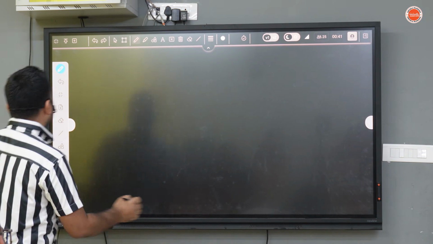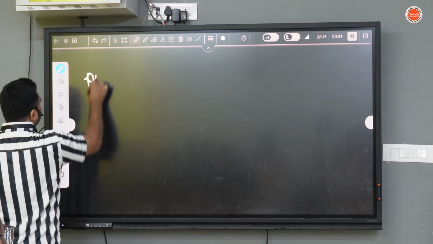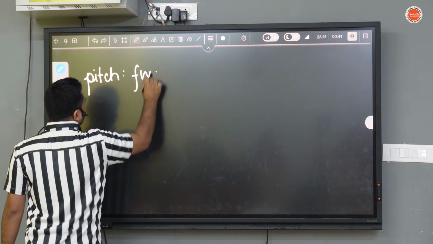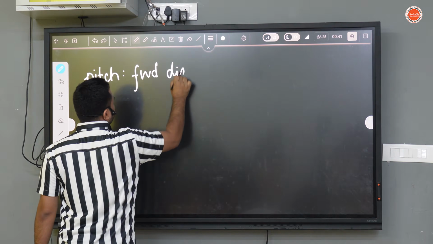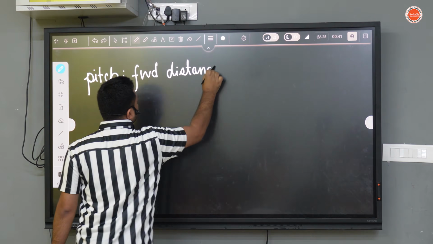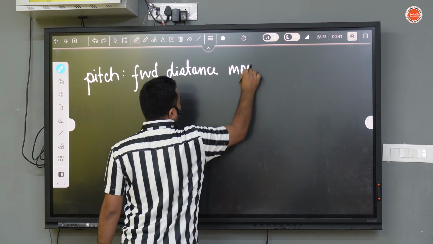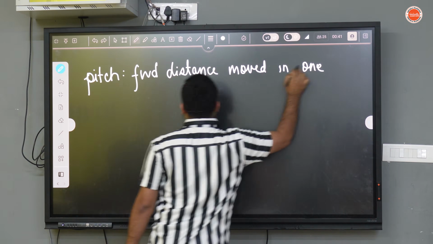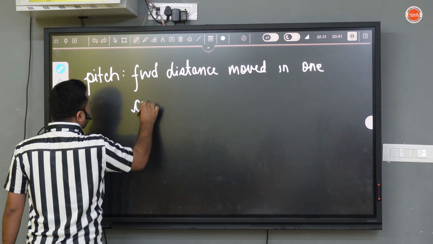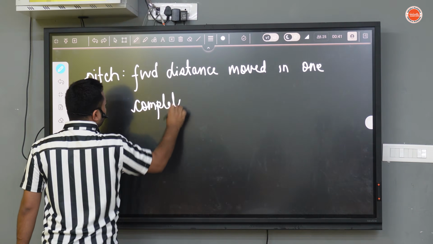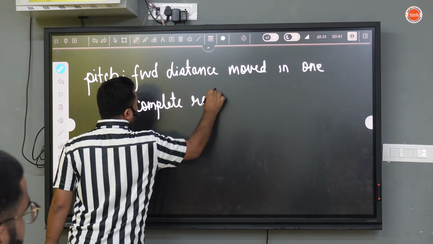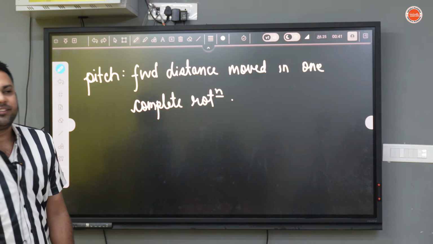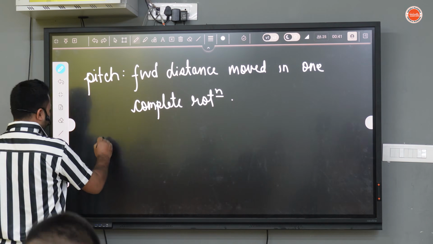Pitch is basically the forward distance moved in one complete rotation. So in this helix motion also, they will ask what is the pitch. See, I am drawing like this.